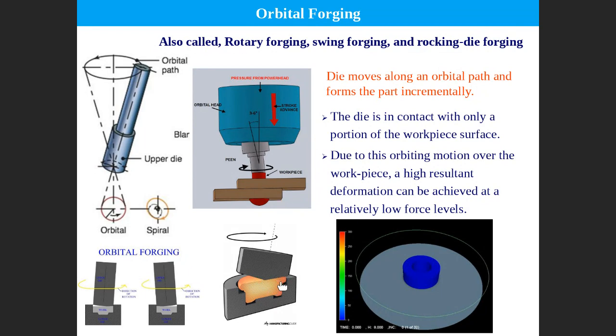The idea is, this is a part, this is the workpiece, and we need to apply pressure on this workpiece to fill the cavity. However, if you apply pressure on the whole surface, then because pressure multiplied by area gives you the force, you need a large force.